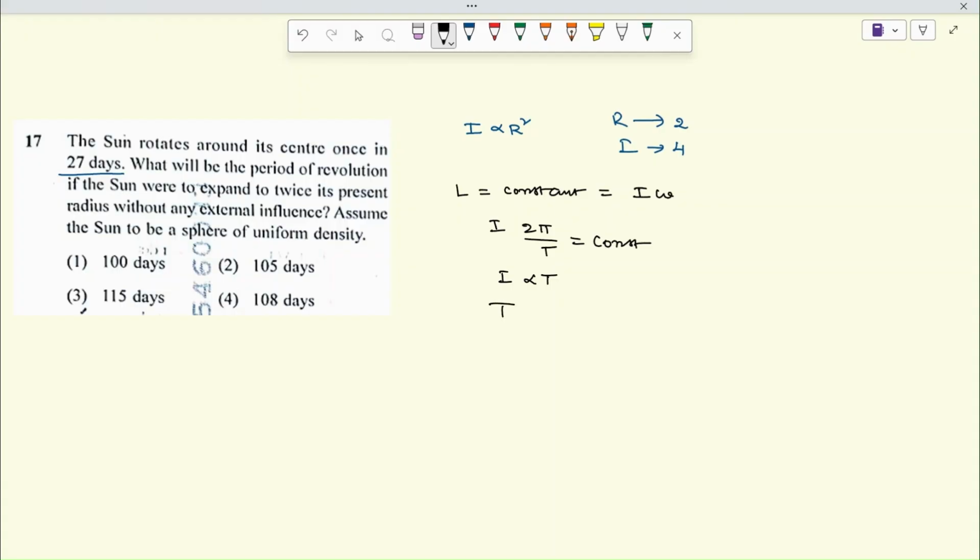So time period also will become 4 times. Initially 27 into 4, 108 days. That's all. Option 4.